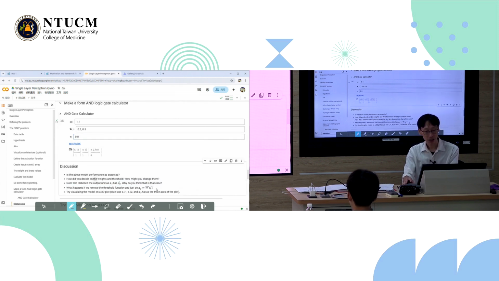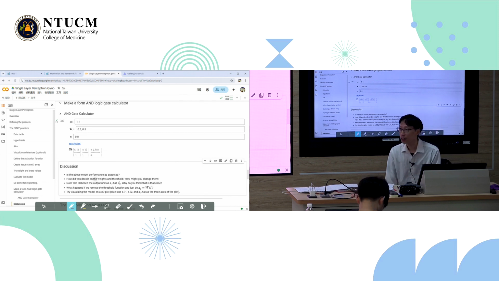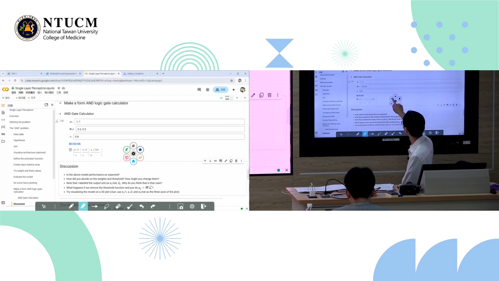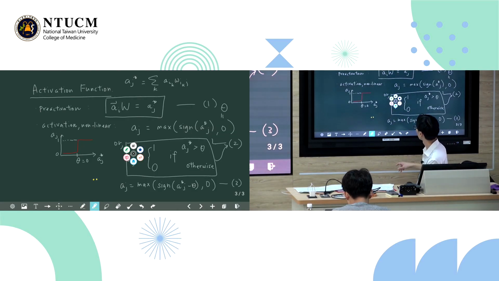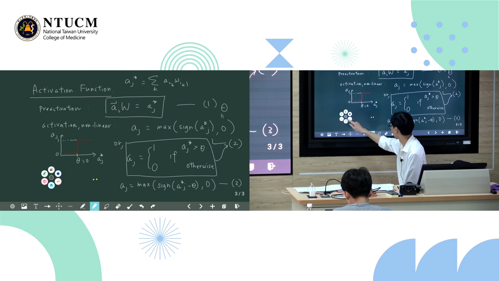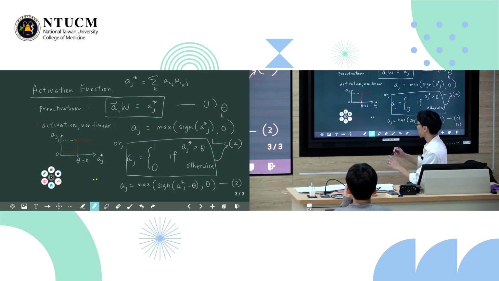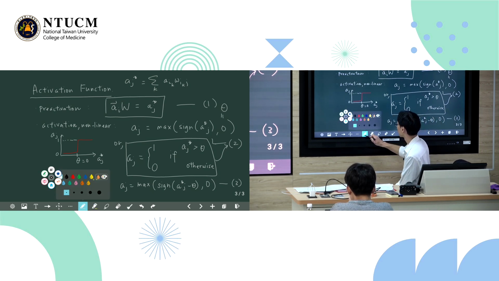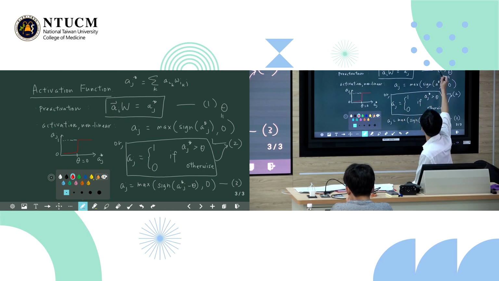Now, here's a question. Can someone tell me, all right, we have the pre-activation function, right? So let me go back to this one. Okay. We have the pre-activation function, and that's this fella here.